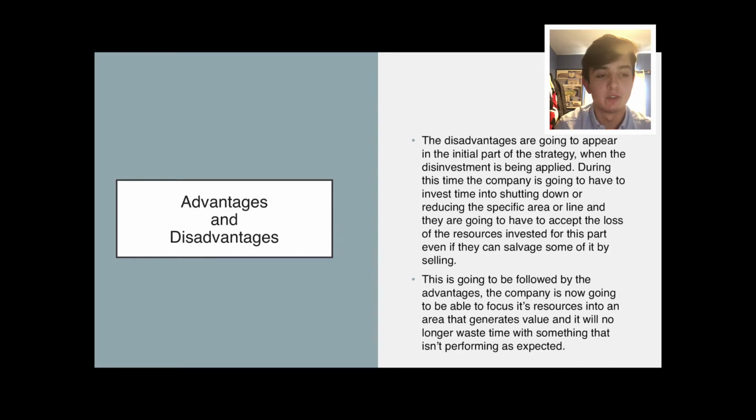But the idea of the strategy is turning these disadvantages into advantages, which is that the company is now going to be able to focus on another area that is going to generate value and utilities for them.